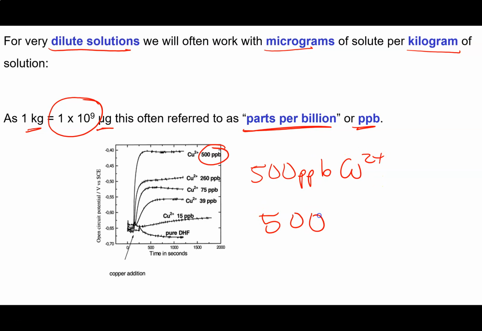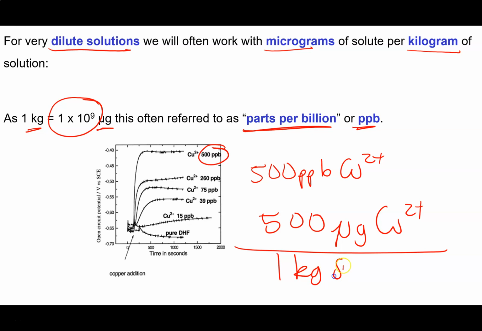It means that there are 500 micrograms of copper 2+ for every 1 kilogram of the solution. So that's for super dilute stuff, often things that are very active. Sometimes things like hormones are active at parts per billion levels, and it's worth noting that.